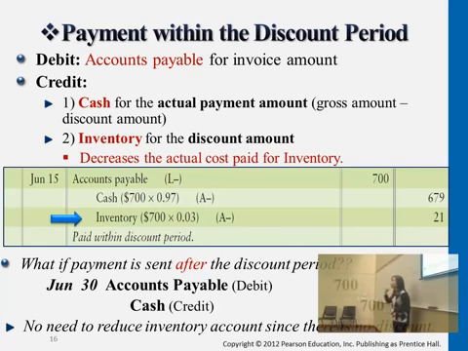Think of it as reducing inventory's cost because we really didn't use up cash $700. We only used $679. So after this transaction, inventory will represent 700 minus 21, also $679. And we're trying to match up inventory's cost with the cash that we're actually paying for it.